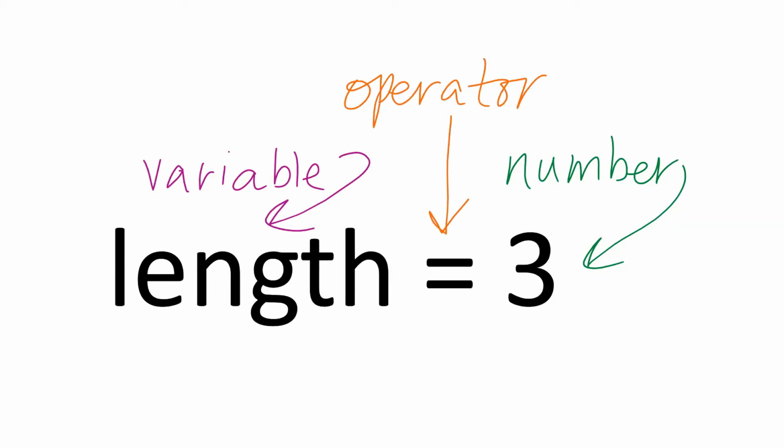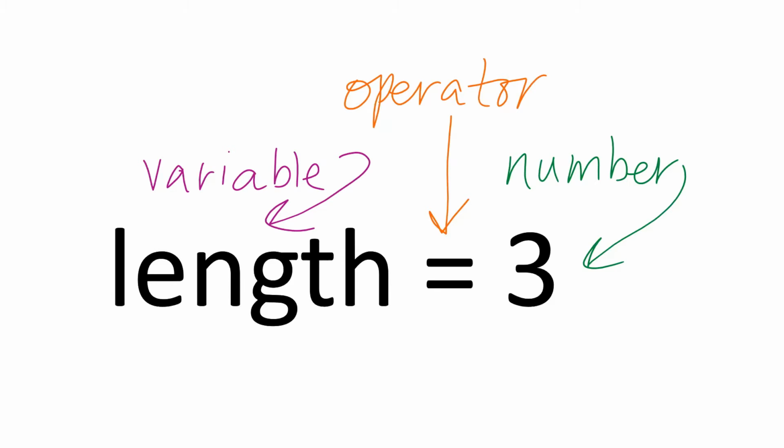The equal sign is the operator. In SQL, this is an expression that we could have in a WHERE clause as a single condition to return only those records where length equals 3 is true.